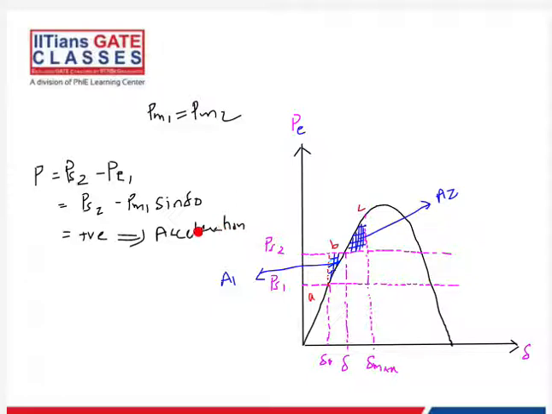So the extra mechanical input is stored in the form of kinetic energy of the rotor due to acceleration. At this point, omega will be greater than omega s. I will create a table over here that will help us understand what is happening.